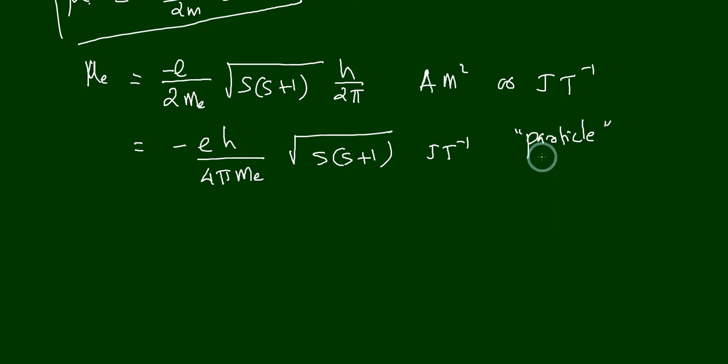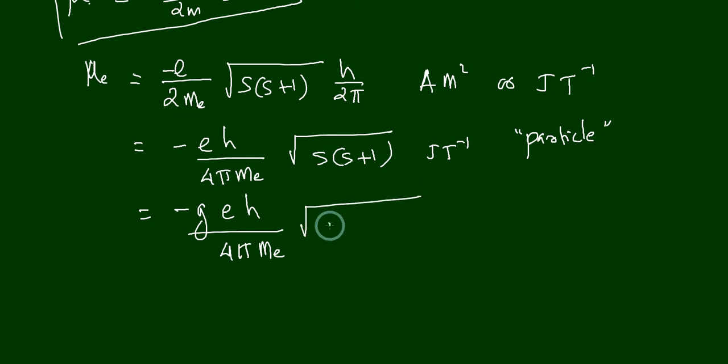So in order to incorporate the real nature of the electron, let me introduce a parameter here, and this parameter will balance the error. So let me introduce a parameter g, and g e h divided by 4 pi me into root of s into s plus 1 joules per Tesla.